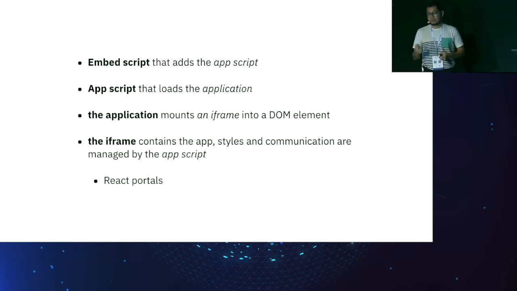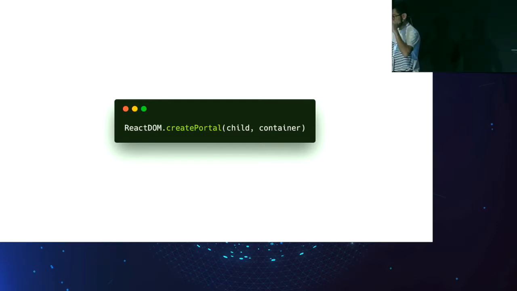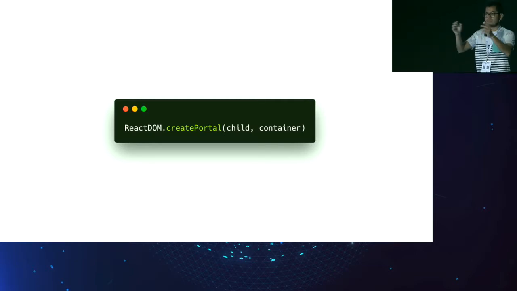And to do that, we use React portals. React portals, I will try to remember how the documentation is. It says, first-class way to interact in a React tree that doesn't necessarily belong to the same DOM tree, something like that. So what does that mean? OK, let's imagine that we have a modal window. We have an application, a full React app, and then we have a modal window.